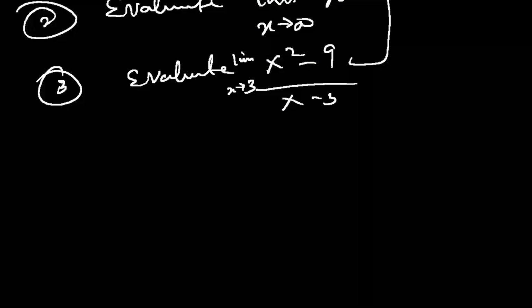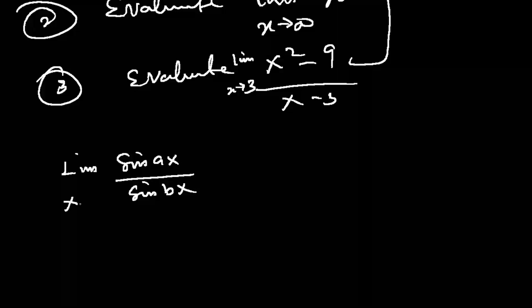All these are just exercises. Evaluate the limit of sine ax divided by sine bx as x tends to 0, where b is not 0, note b is not 0.